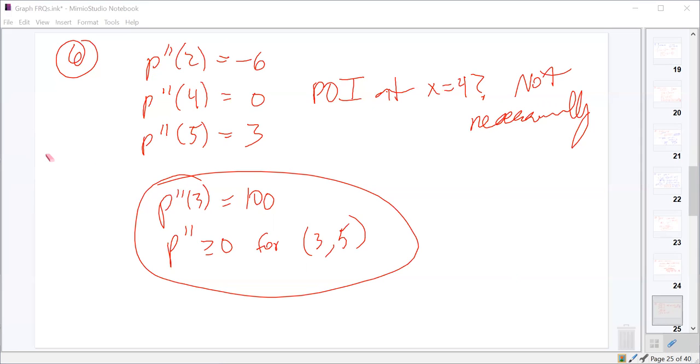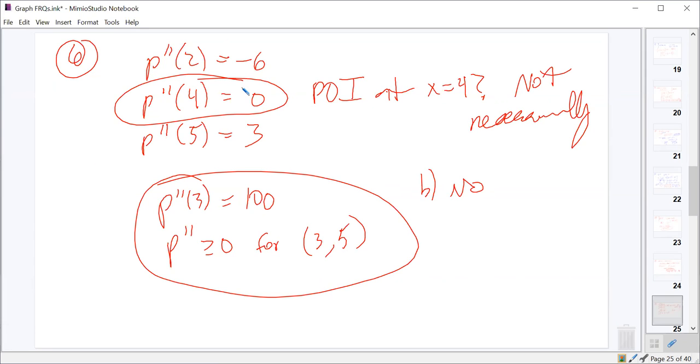Okay. But B says p has a minimum at x equals 4. That doesn't make any sense because the second derivative is 0, and that tells you when you might have a point of inflection. So B is definitely a no. You can only have a max or a min if you have an actual value of your second derivative there. So that's a no. C, p has a root at x equals 4.